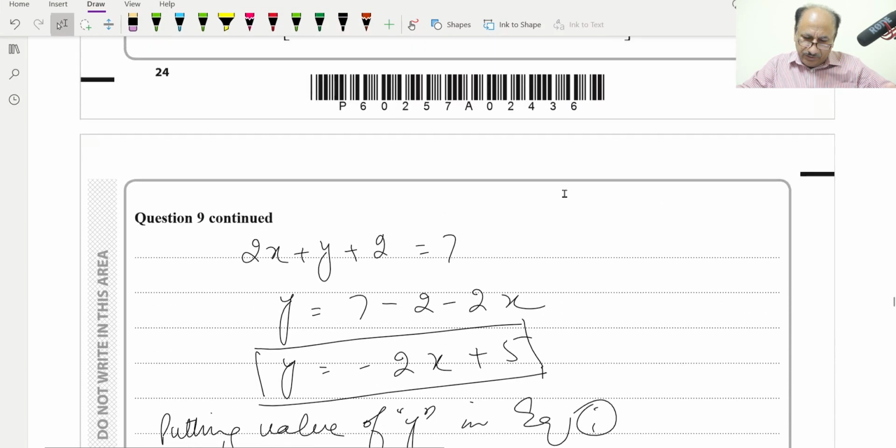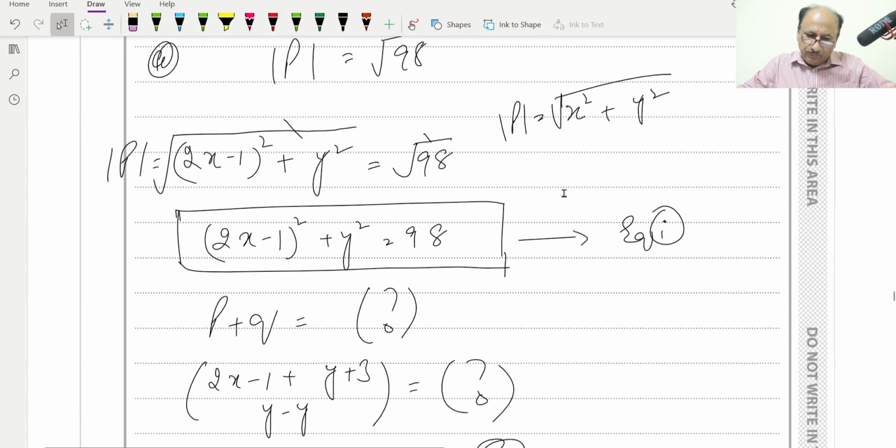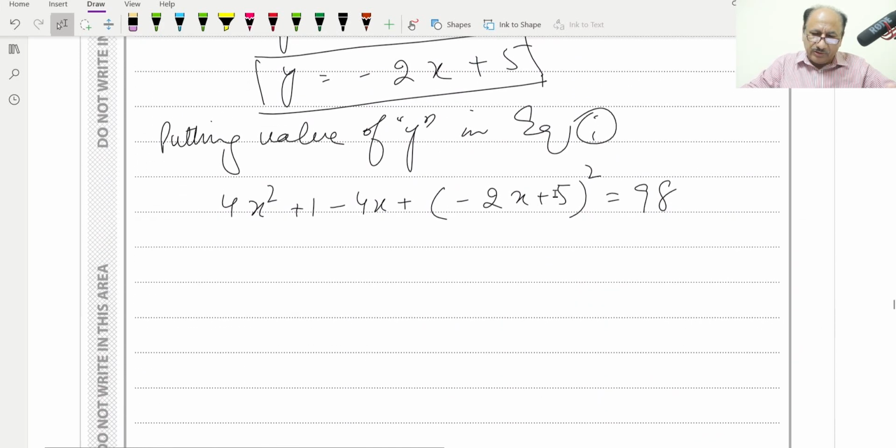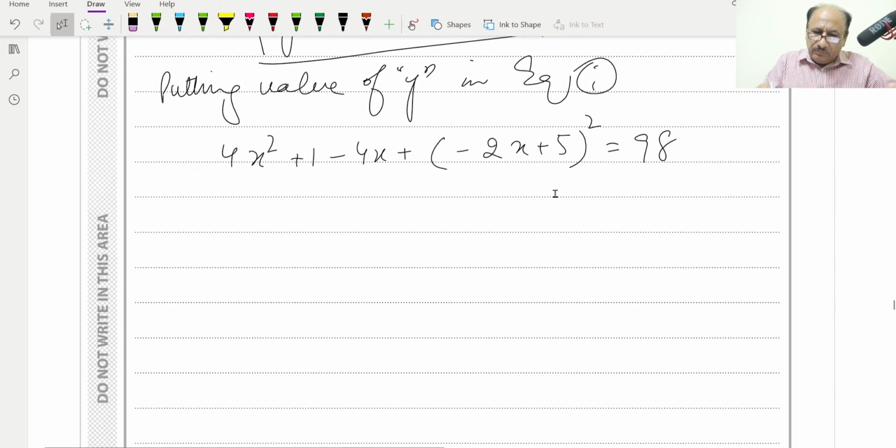We have replaced the y value in this equation. Hopefully you are understanding. Now there's only one variable. We will be opening this square, and we will get the value of x.